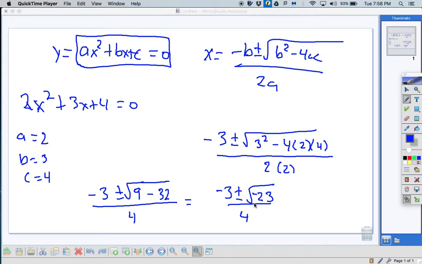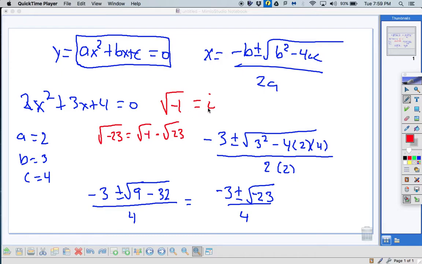And the next thing we got to do is learn what this negative is. So typically when you have a negative square root, you can't do anything. However, we have a new definition. The new definition says that when you have the square root of negative 1, we are going to find that to be i. So when we have the square root of negative 23, what we really are saying is we have the square root of negative 1 times the square root of positive 23, because negative 1 times 23 is negative 23.